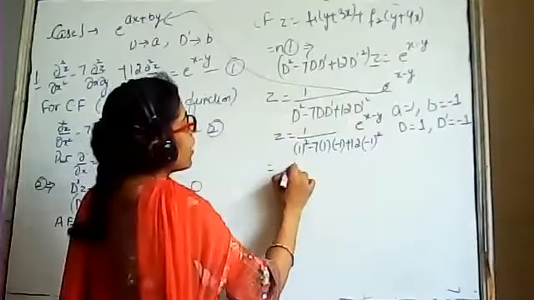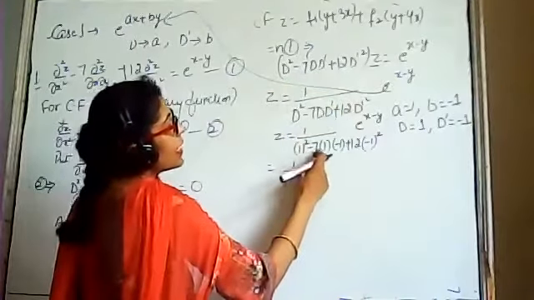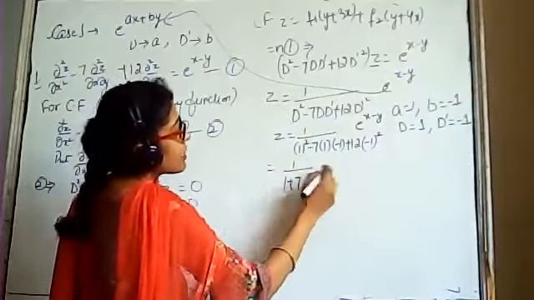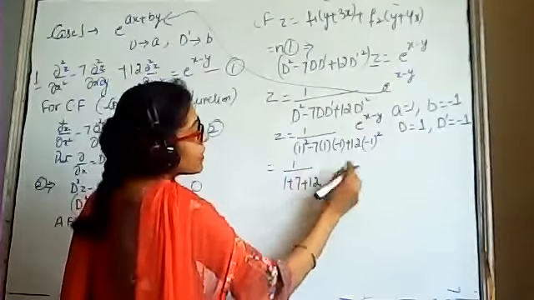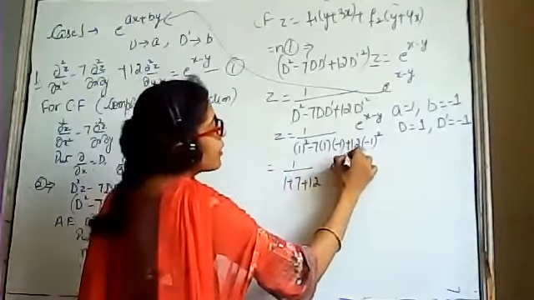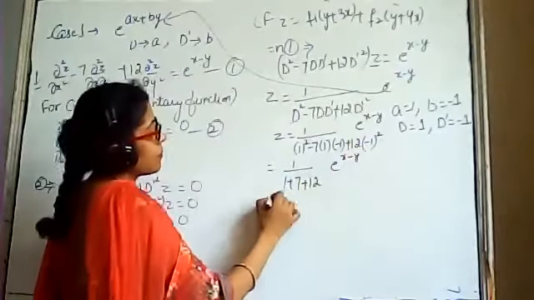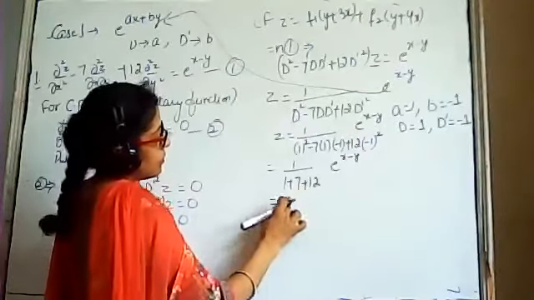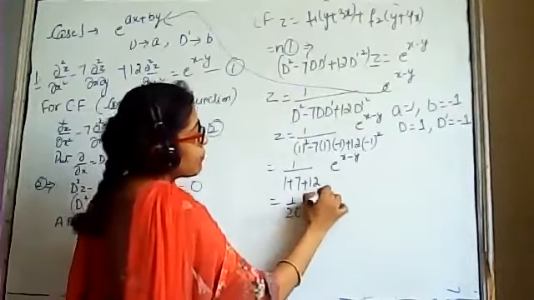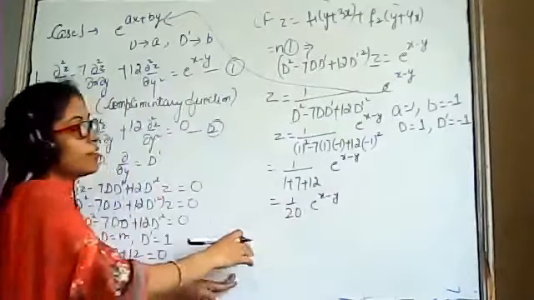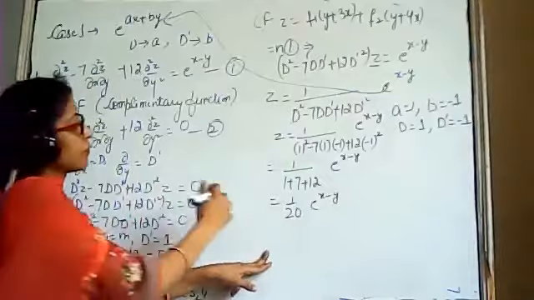It will be equal to 1 upon 1 square is again 1, minus 7 into 1 into minus 1 will be plus 7, plus 12, minus 1 square is plus 1. E to the power x minus y will remain as it is. This is 1 upon 20 e to the power x minus y. So it is our particular integral.